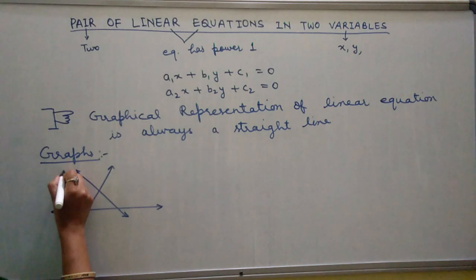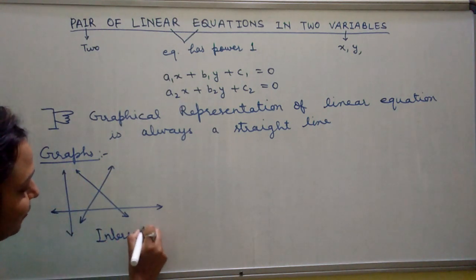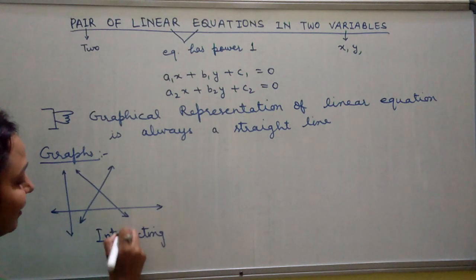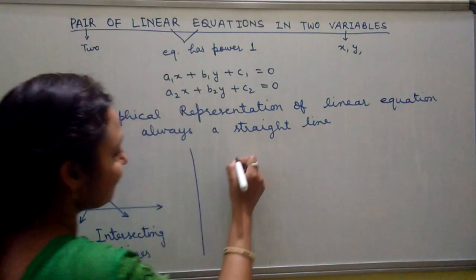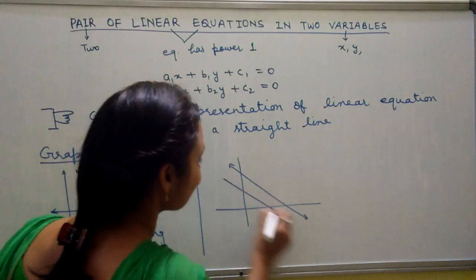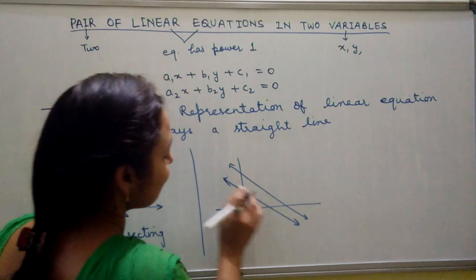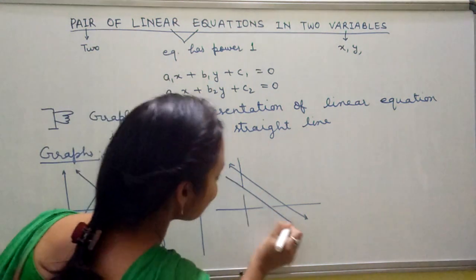If we have this portion, we get intersecting lines. Second, if we have such a type of graph, with two lines like this, these are the parallel lines.